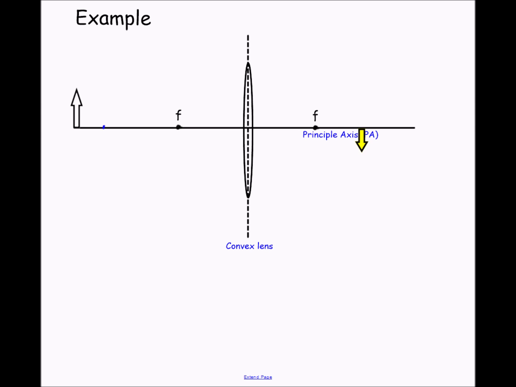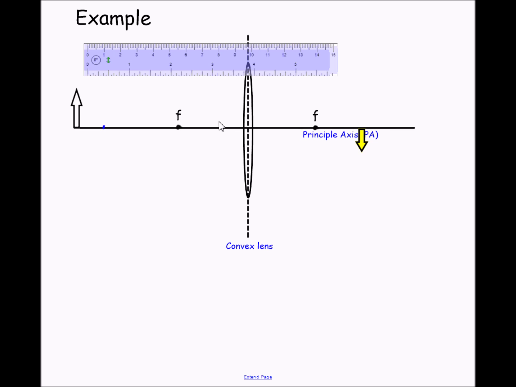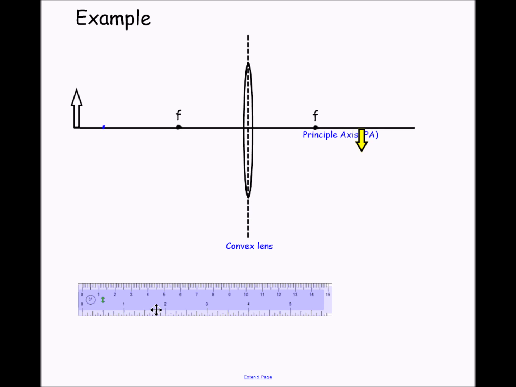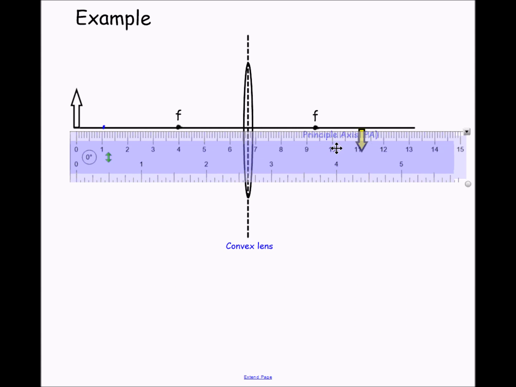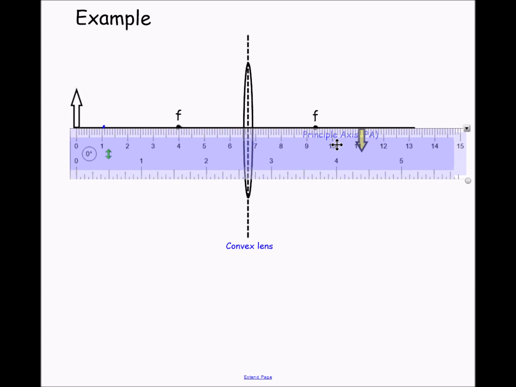So back to this example, I'm going to bring on an on-screen ruler, and I can pick whatever scaling I want. I'm going to make the ruler a little bit bigger so that I can read the numbers a little bigger on the screen. I'm going to measure the distance from the object to the lens. Here, it looks like I've got about 6.7 centimeters.